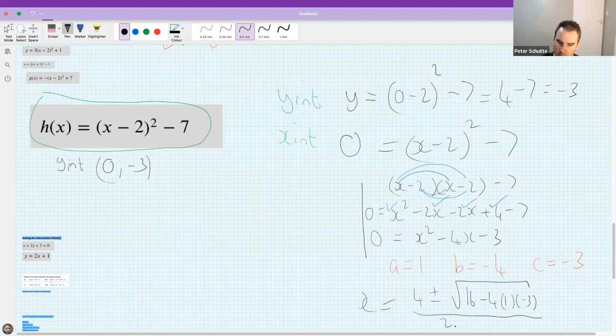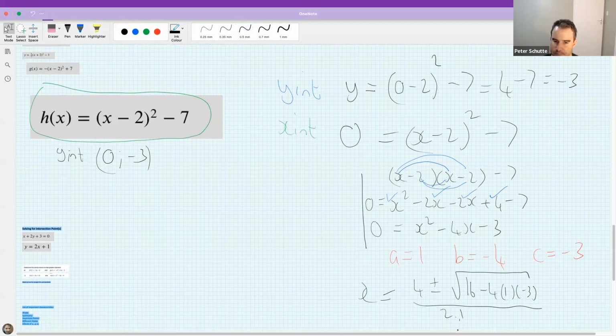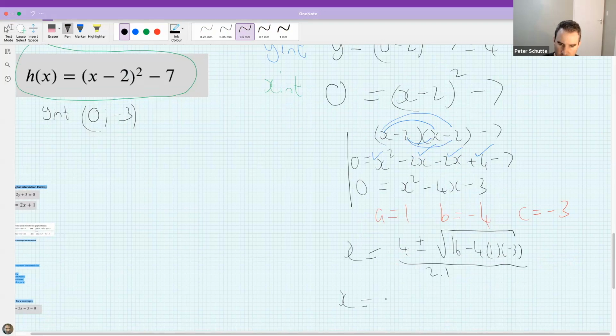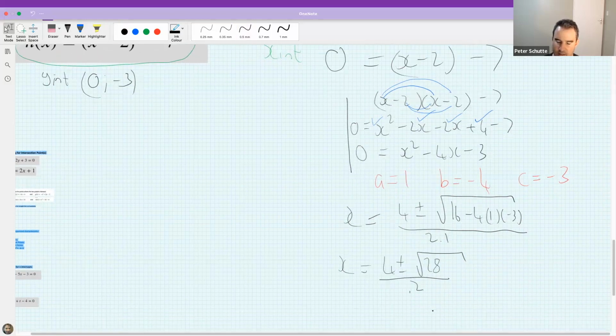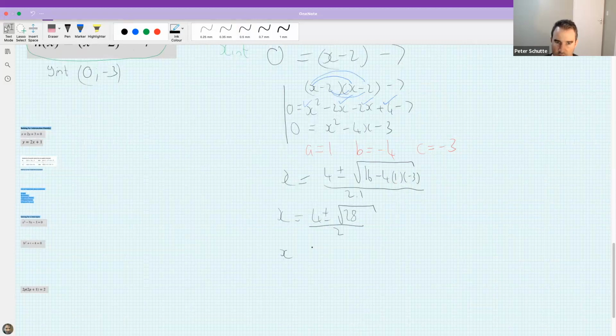And this is going to be over 2 times 1. And so x should be 4 plus minus the square root of 28 over 2, which is going to be a little bit messy, but it will work. Who else can give me an answer for this?